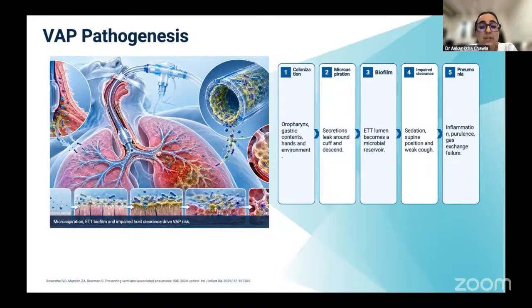Risk of microaspiration because of increased secretions, leak around the cuff, and the ET tube having a formation of biofilm, which acts as a microbial reservoir. Then these patients are usually nursed in supine position, they're often given sedation, they may have a weak cough reflex. So all of this would lead to inflammation, increased purulence, impaired gas exchange, and respiratory failure.